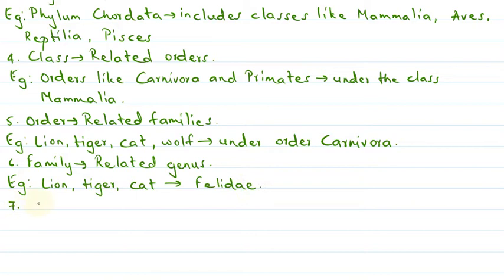Okay, after family is the genus. Now genus includes the species of organisms which have common characters. Okay, so they include related species which have common characters. For example, lion and tiger.